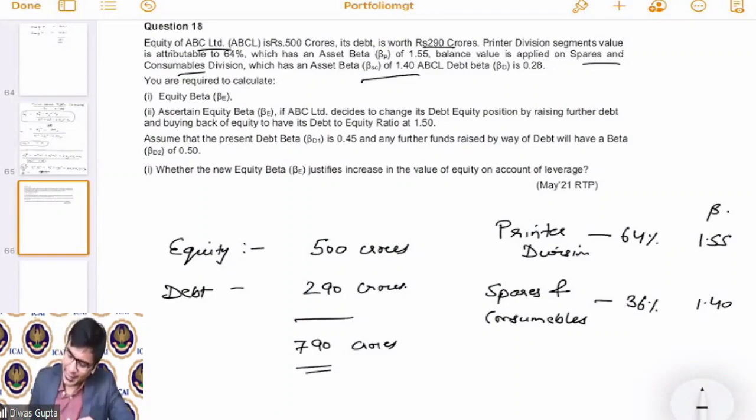It is also given that the debt beta is 0.28. So they are asking us to calculate the equity beta in the first part.